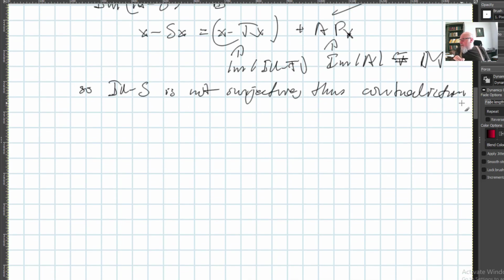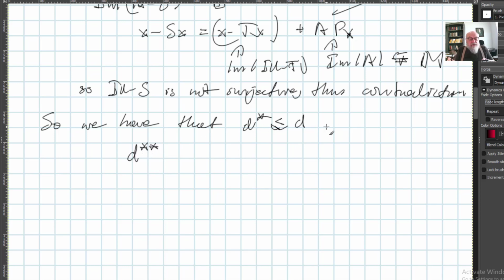And so in this case we just proved that D star is definitely smaller or equal than D. But now I can simply notice that I can apply the same things to the second one, the kernel of identity minus T double star, call this dimension D double star.